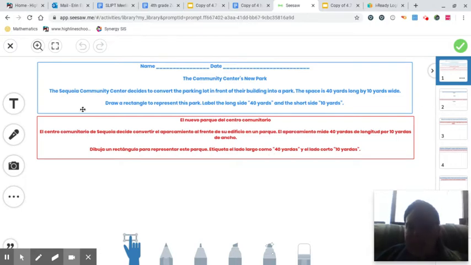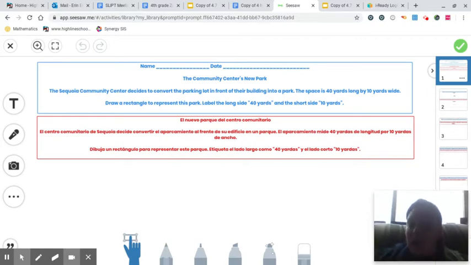Your first one says the Sequoia Community Center decides to convert, so change, the parking lot in front of their building into a park. So they want to take a place where all these cars park and turn it into a place where you can play. The space is 40 yards long by 10 yards wide.